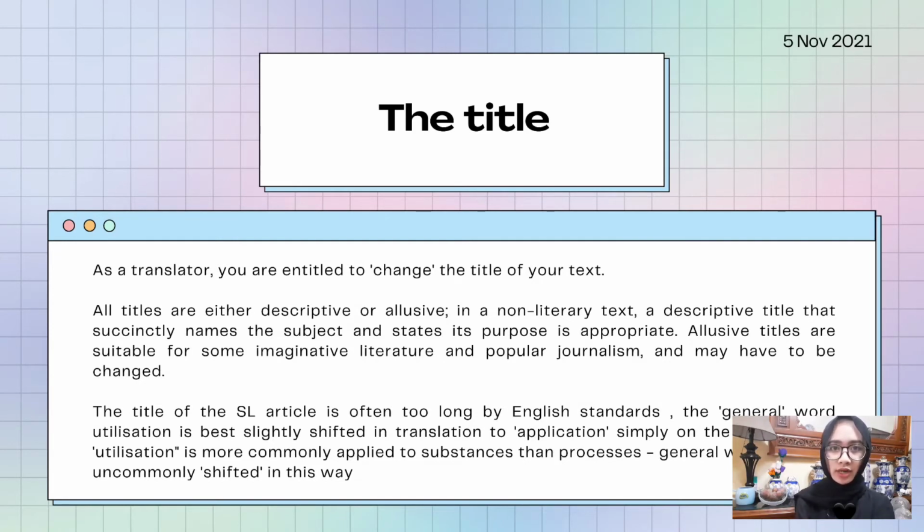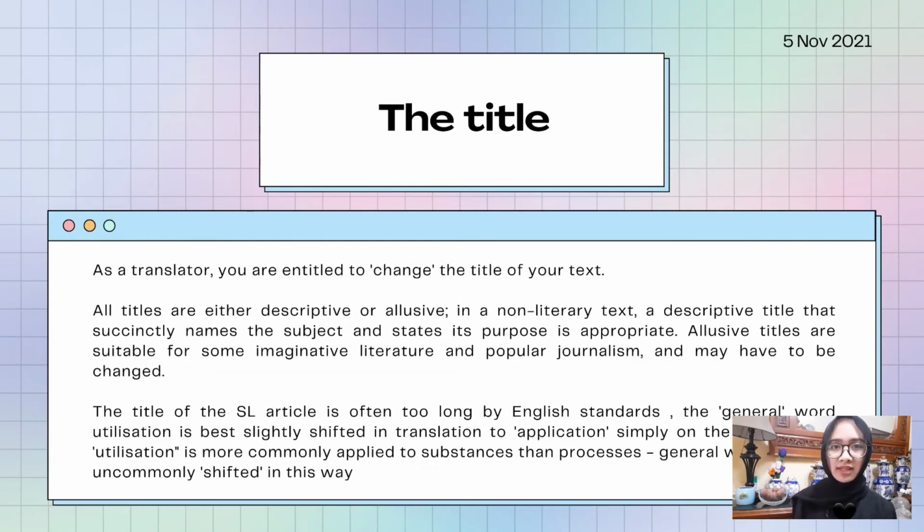Title. As a translator, you are entitled to change the title of your text. All titles are either descriptive or allusive in a non-literary text. A descriptive title that succinctly names the subject and states its purpose is appropriate. Allusive titles are suitable for more imaginative literature and popular journalism and may have to be changed.